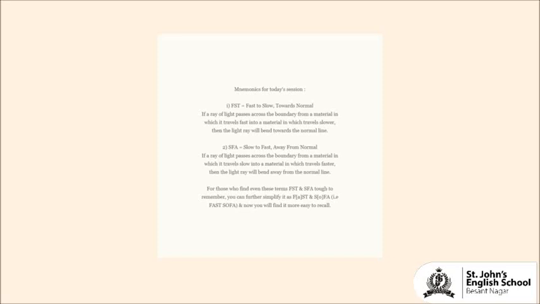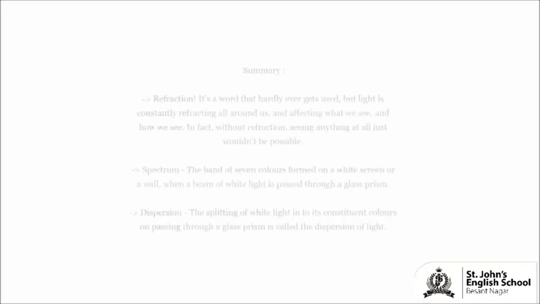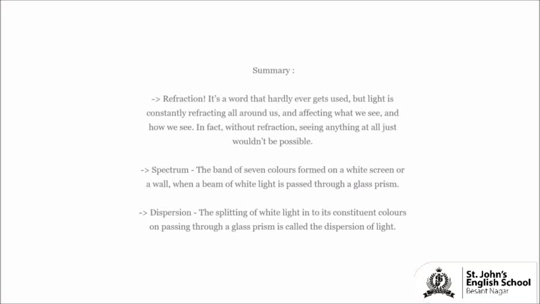We can also adopt and use these mnemonic terms which are already in practice, or try and form one by ourselves. For example, VIBGYOR is a commonly used mnemonic which is in practice worldwide. VIBGYOR means violet, indigo, blue, green, yellow, orange, red.